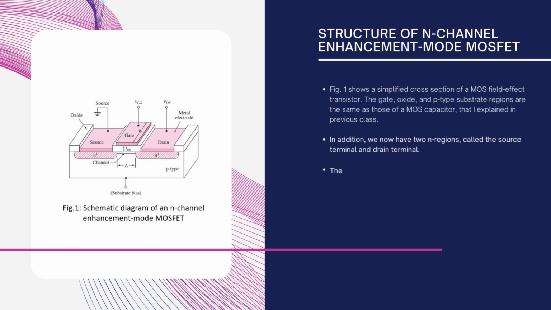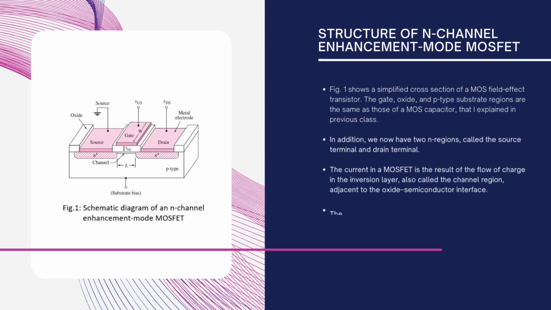The gate, oxide and p-type substrate region are the same as those of a MOS capacitor that I have explained in the previous lectures. This figure shows the schematic diagram of an N-channel enhancement mode MOSFET.